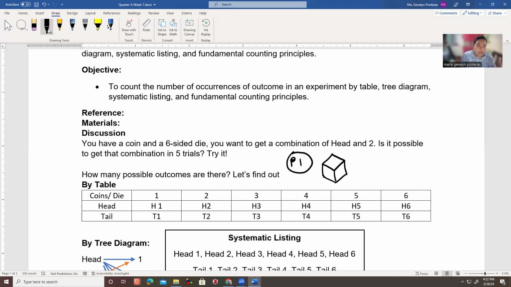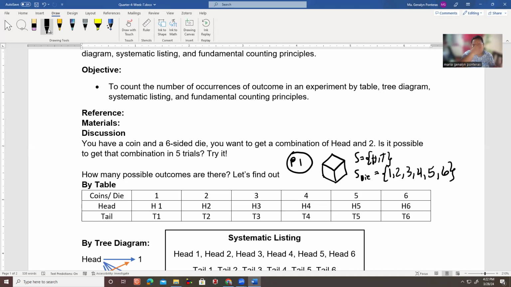Okay, so for the coin, we know that the sample space is head and tail. For the die, you have 1, 2, 3, 4, 5, and 6.